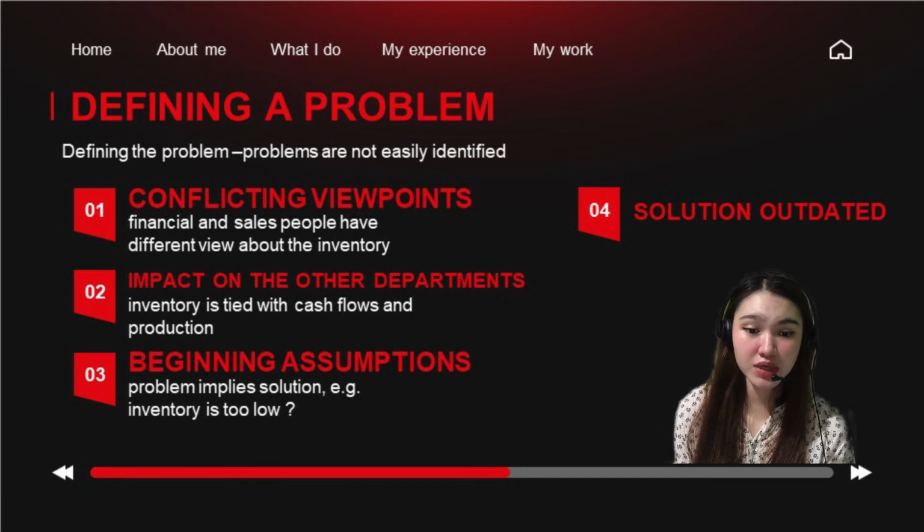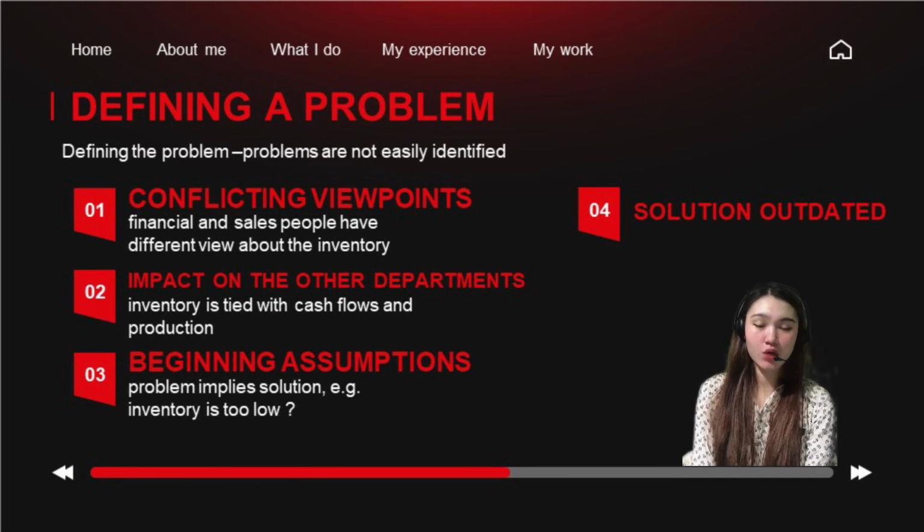When a problem is characterized in terms of a desired solution, the quantitative analyst should inquire as to why the solution is wanted. By digging deeper, the underlying problem will emerge and can be appropriately defined.